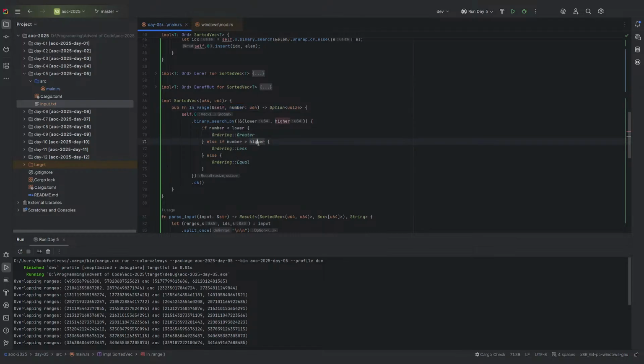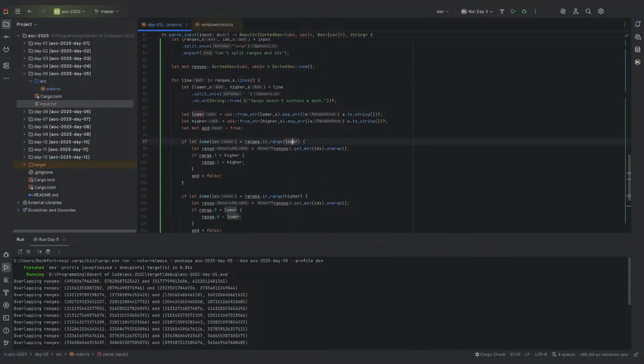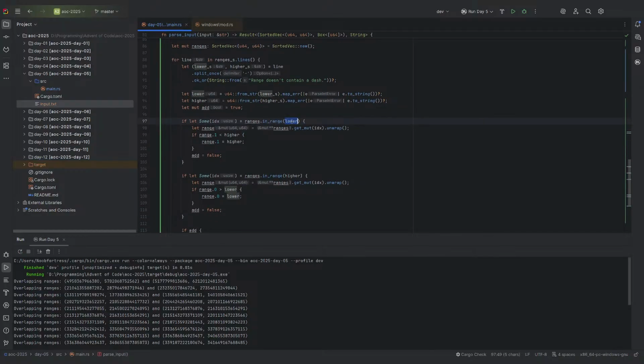If it falls above the highest, then it's too small. That is correct for the lower bound. Why is this one not seen as inbounds for that one?